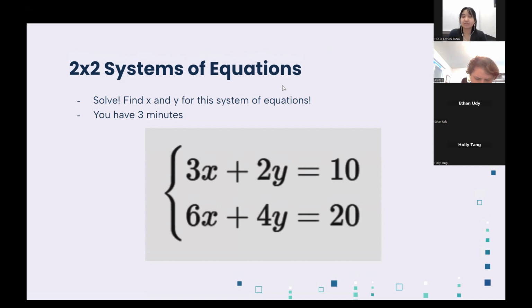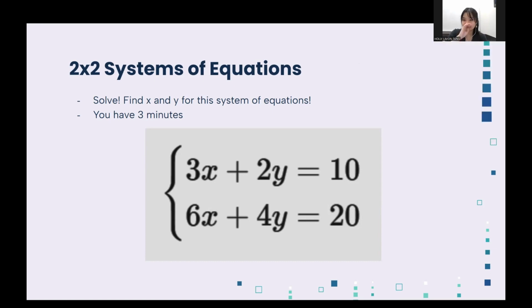Were we able to solve this? I hope so. Let's see. I have no solutions. Okay, I don't know what I'm doing then, I guess. Actually, let's go ahead and do this. So it is a special case.